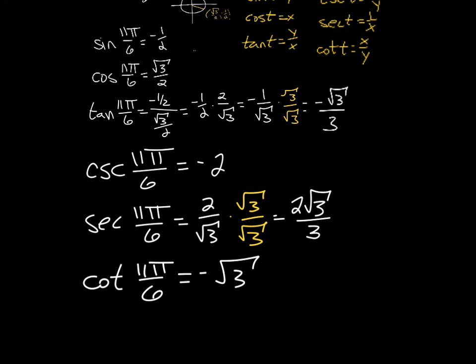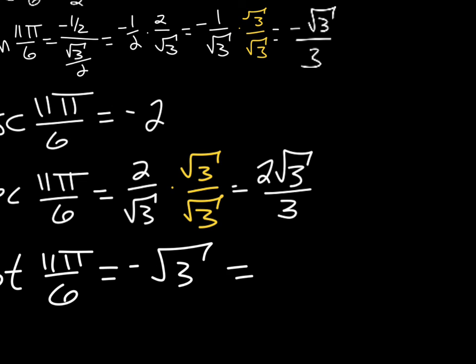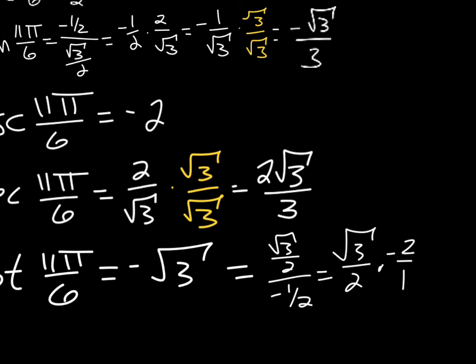In the long run, when you're not writing out all 6, if you're just asked for the cotangent, maybe what you could do is say, well, really that's radical 3 over 2 over negative 1/2. And then when you keep, change, and flip, you can get to negative radical 3.